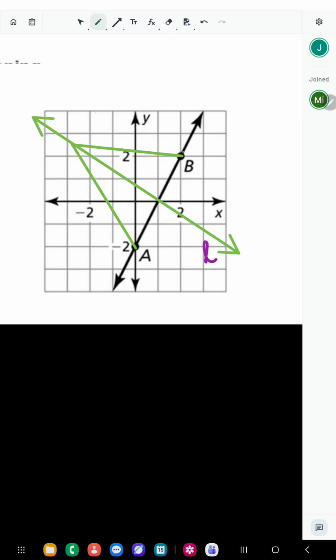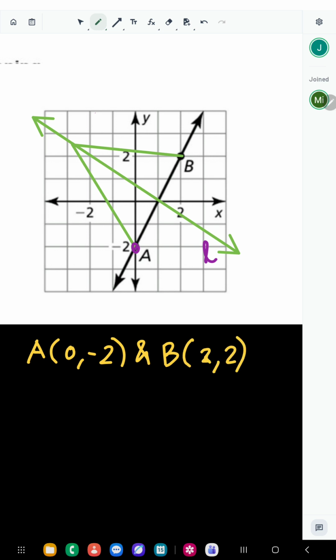Alright? Still remember the slope formula? We're given here two points. Point A is (0, negative 2), and point B is (2, 2). So we need to find the slope of this.